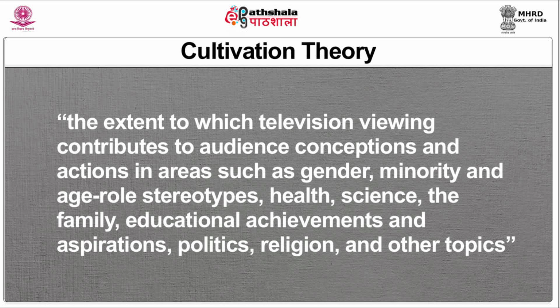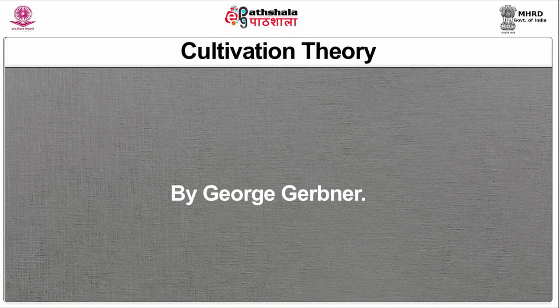The primary aim of the project was to investigate the extent to which television viewing contributes to audience conceptions and actions in areas such as gender, minority, and age role stereotypes, health, science, the family, educational achievements and aspirations, politics, religion, and other topics.